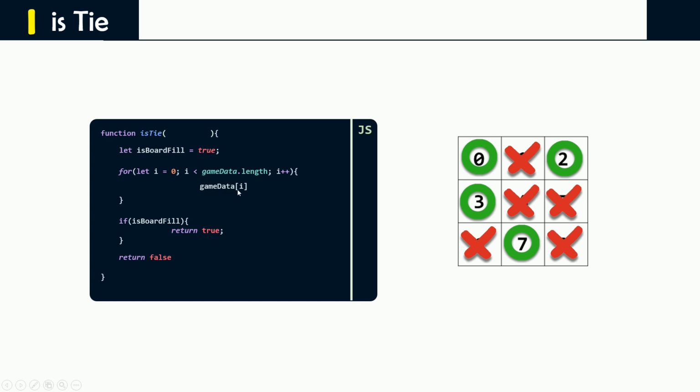So game data with index I and isBoardFull, and then we'll assign this to isBoardFull. So if all these spaces are full and there is one and only one empty space, then will return false. So our isTie function here will need just one argument or one parameter, which is the game data here.